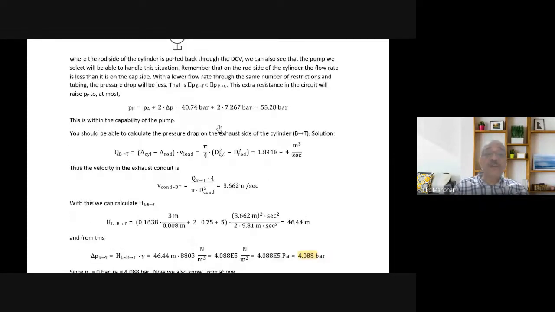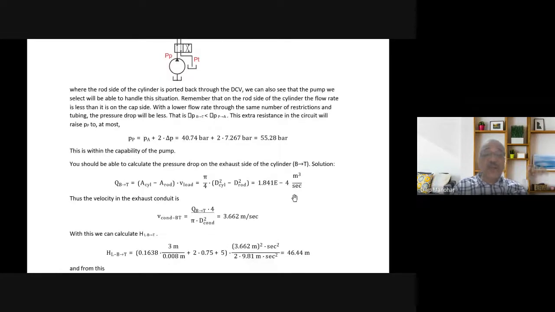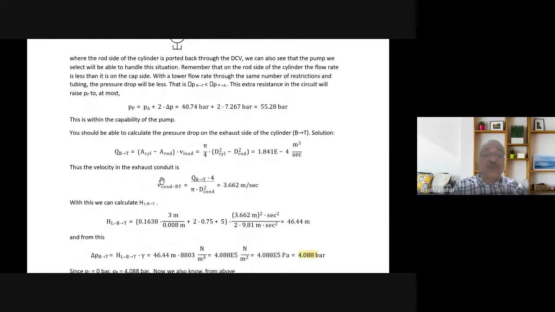So QB we have calculated based on this formula, which is equal to the area of the cylinder minus the area of the rod, times the velocity, with pi by 4 d squared. The cylinder diameter is known, and the rod diameter we have assumed. The velocity of the load is known. You calculate QB and use that QB to calculate the exhaust size.